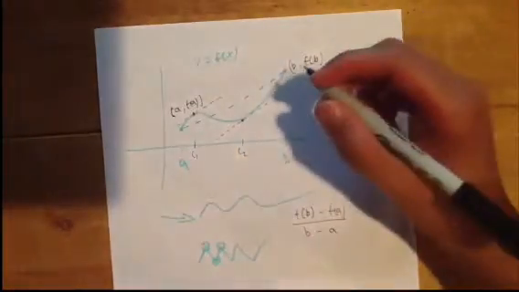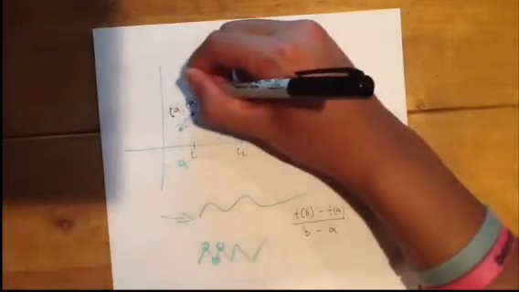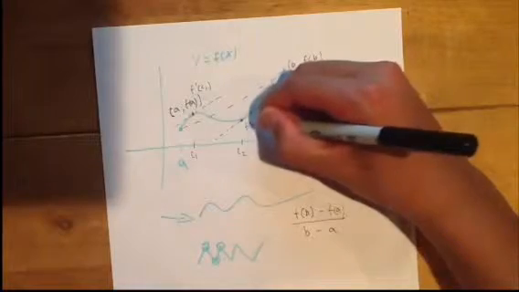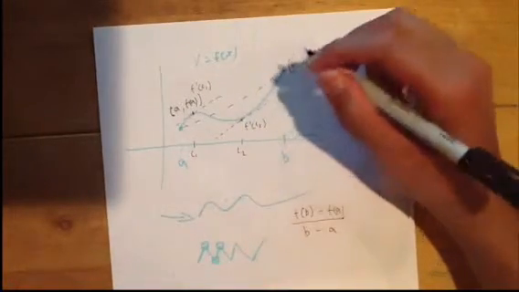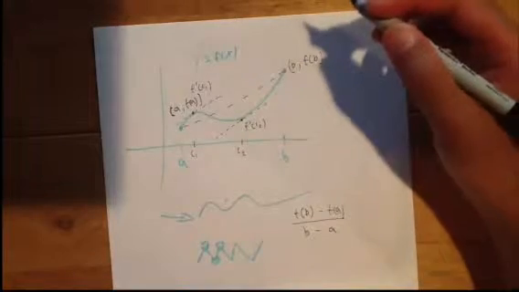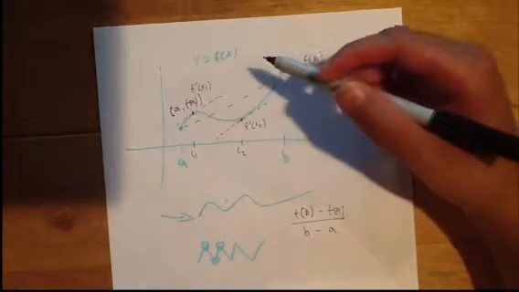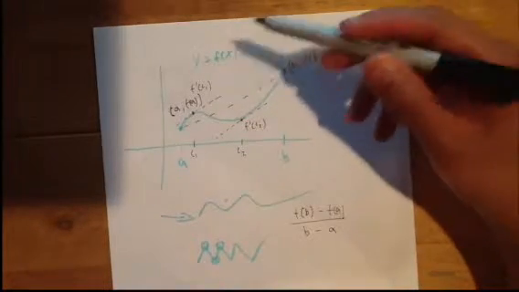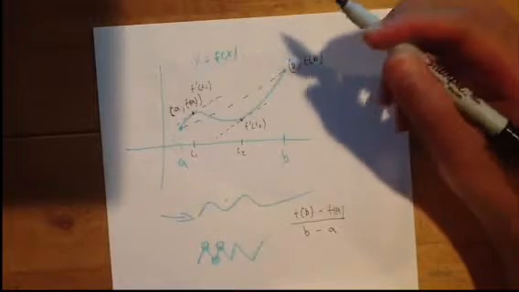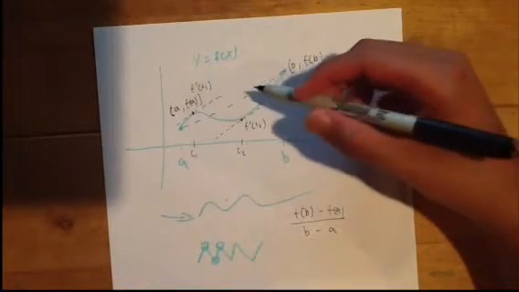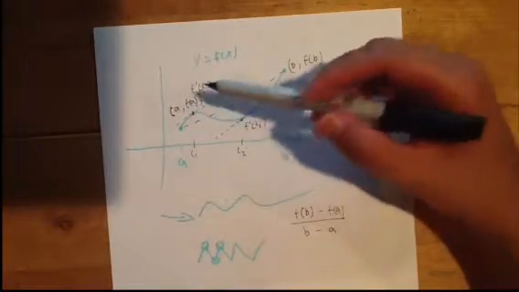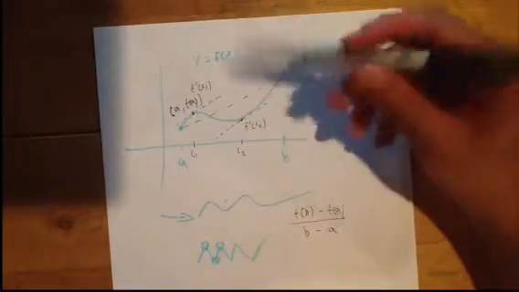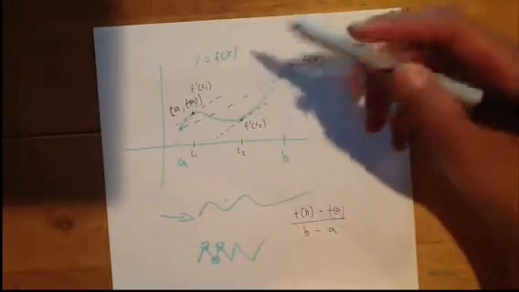And so it looks like f prime of c1 and f prime of c2, if you took the derivative at those points, would be equal to the slope of the line connecting the endpoints. Now, I know it's a bad diagram, but bear with me here. So again, the mean value theorem says that there exists at least one point, which there is at least one, whose derivative will equal the slope of the line connecting the endpoints.